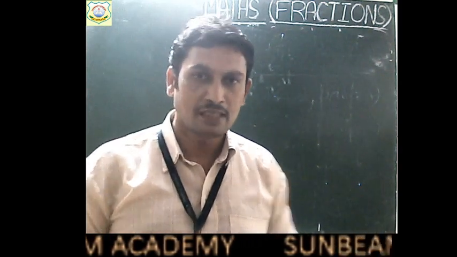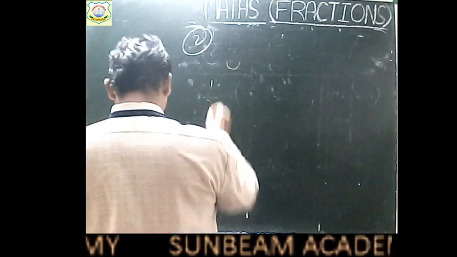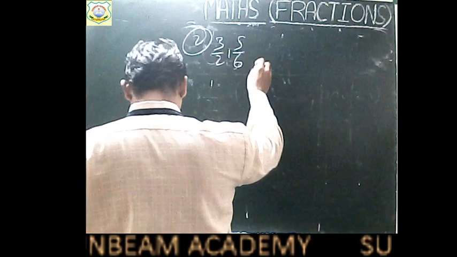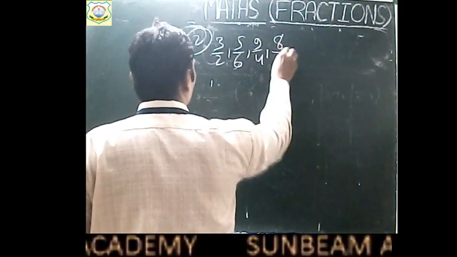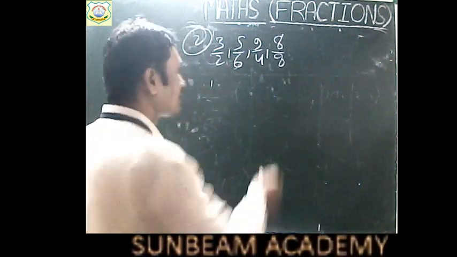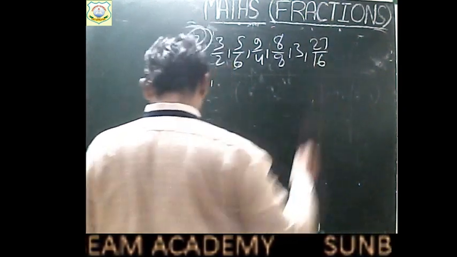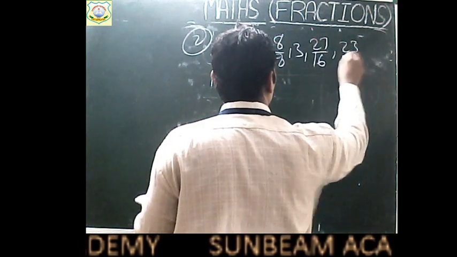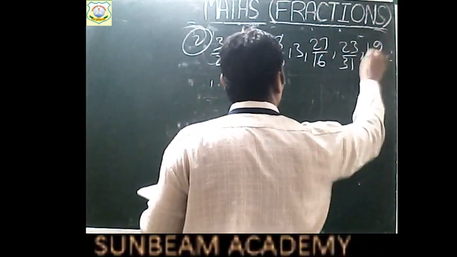Clear? So second question, see the fractions are 3 by 2, 5 by 6, then 9 by 4, 8 by 8, right children? 3 and 27 by 16, then 23 by 31, next 19 by 18.